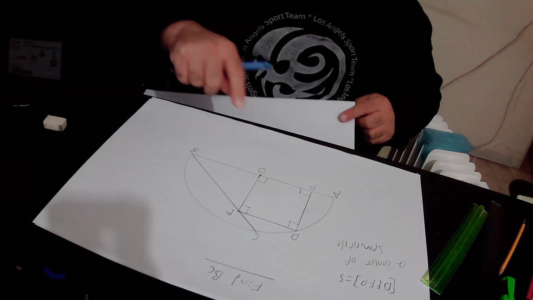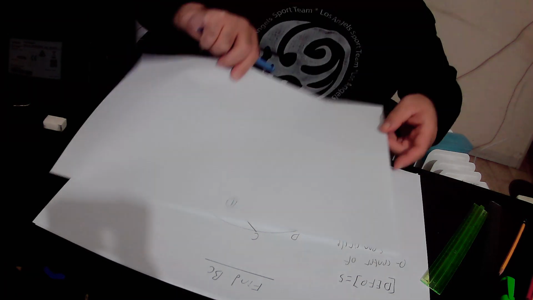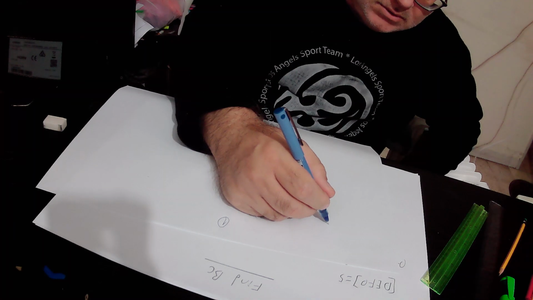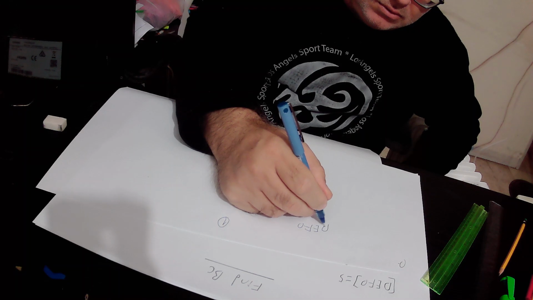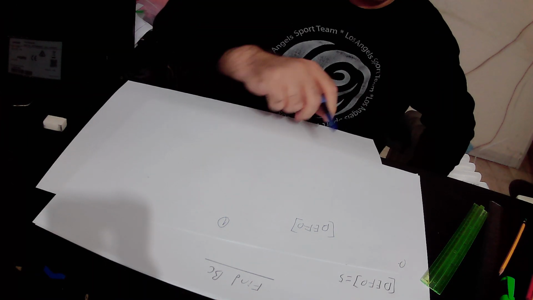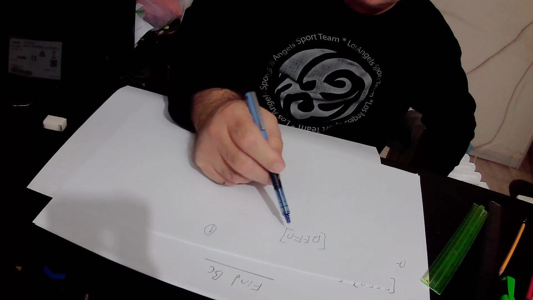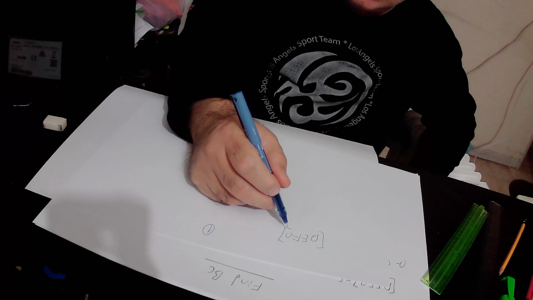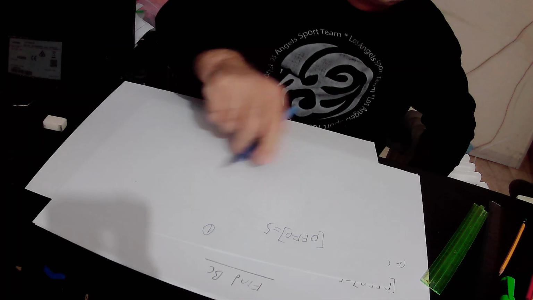So the area of square DEFO equals 5 units. Here the 2 square brackets are the sign for the area. So the area of square DEFO equals 5 square units.